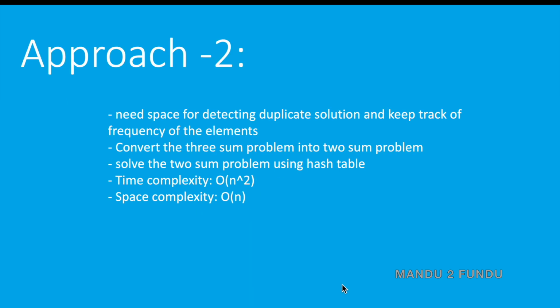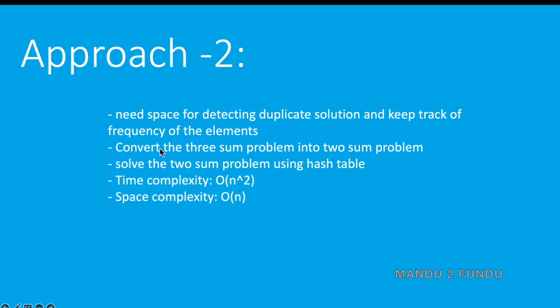For approach 2, we will be solving this problem without sorting the input array. In order to detect duplicate solutions and the frequency of occurrence of each element, we need a hash table.